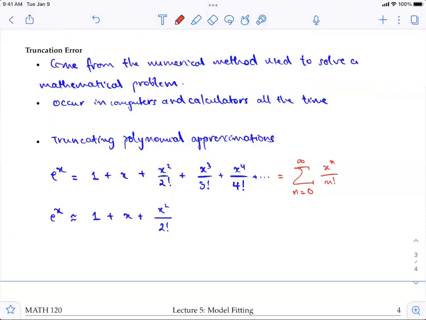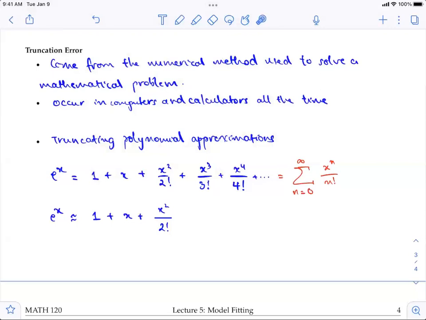However, this happens a lot in practice, especially in numerical methods. You don't carry infinitely many terms. Instead, you cut off a certain part of the series so that it still represents the value of the function that you want to find, but you also don't produce a big error in your calculations.